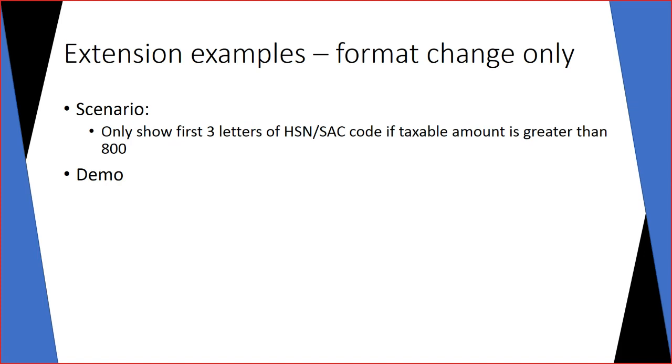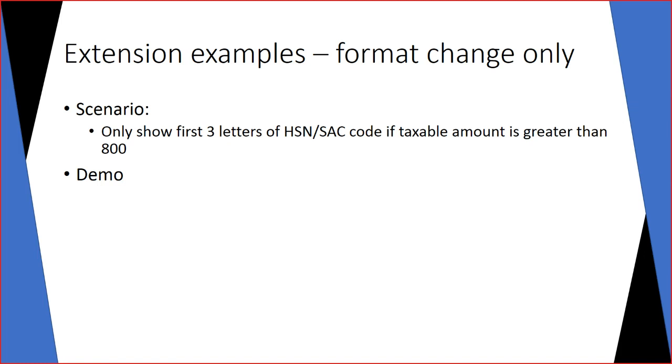So let's go to the first example. This first example is that we want to support showing only the first 3 letters of the HSN and SAC code in the GSTR report.